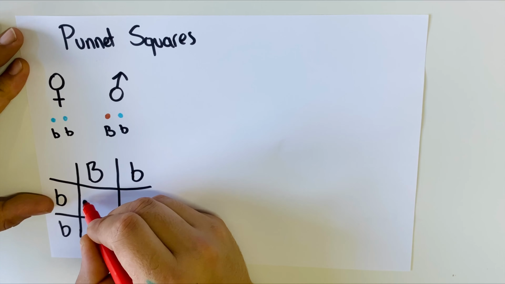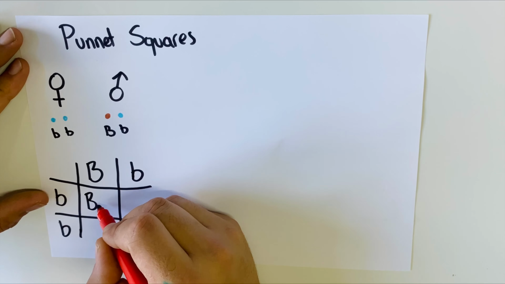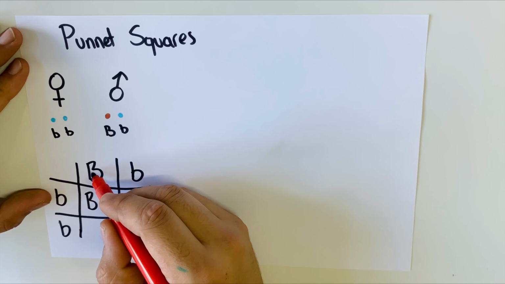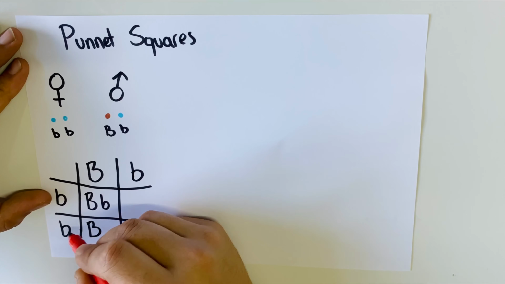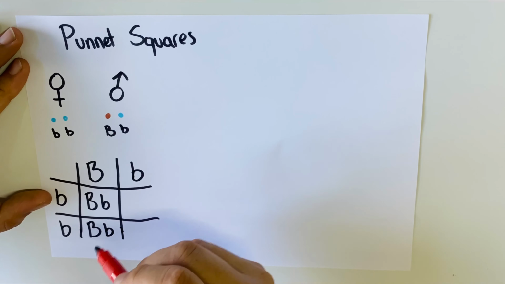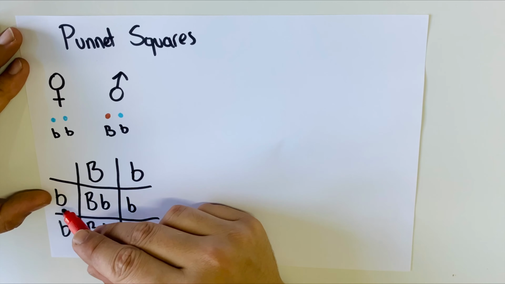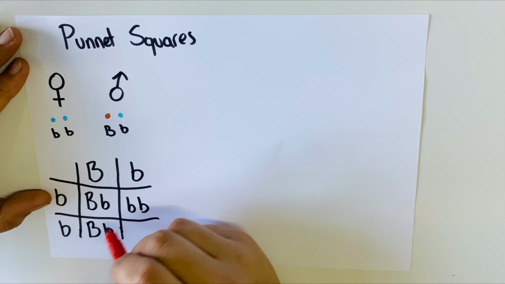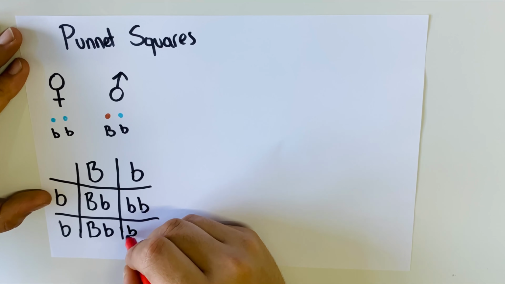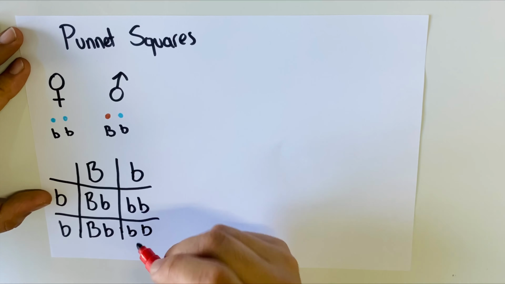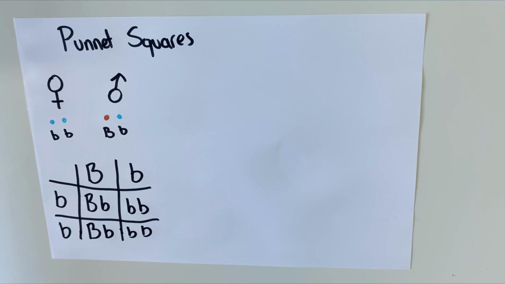If we bring that down here, we have capital B, and from there little b, come down, capital B and across, little b, come down, little b and across, little b, and then come down, little b and across, little b. And you can see this time we have a slightly different result.